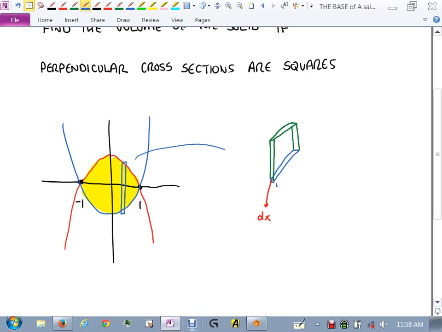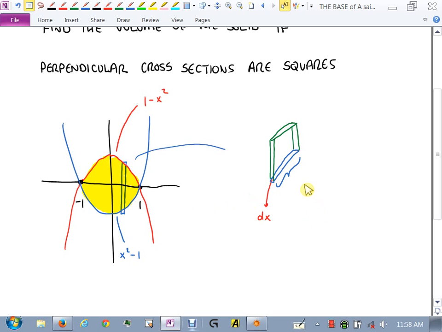How long is this from here to here? It's this top function minus the bottom function. Just like we did before, right? It's the top minus the bottom. So for us, the top function was which one? The red one up here? That was 1 minus x squared. The bottom function was x squared minus 1, right?